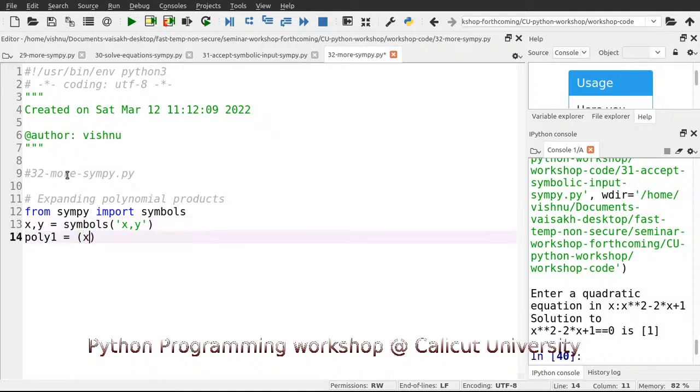Polynomial 1 is x plus 3 the whole cube, and polynomial 2 is x plus y the whole square.